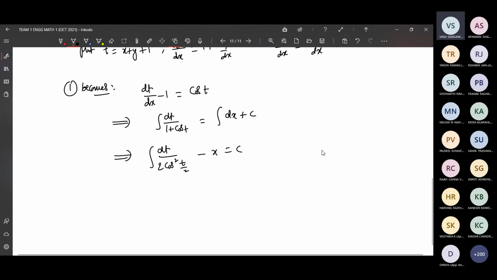Now we have secant square t by 2, this one, right? So this means half integral secant square t by 2 dt minus x equal to c.